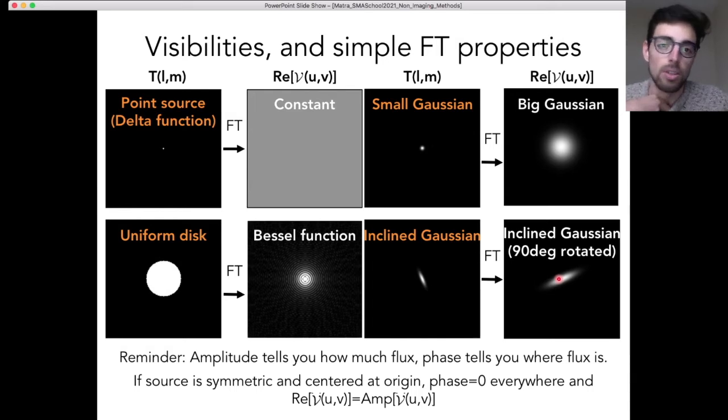That's just the Fourier property. And similarly, if you have a uniform disk where the brightness is uniform inside it, and then there's a sharp cutoff, that corresponds to a Bessel function when applying the Fourier transform, and therefore in visibility space.